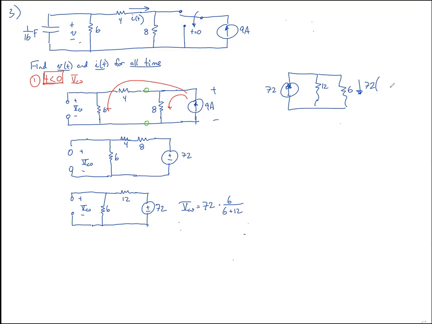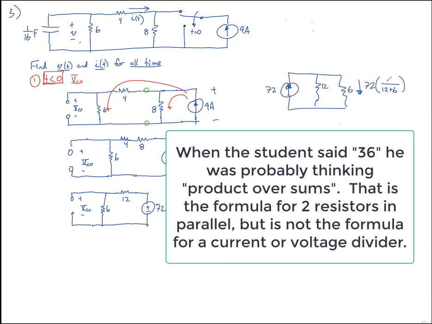It's 72 times something over this, something over the sum, just like this. What goes on top here? 12 times 6. No. So here, this is a voltage divider. You put the one that you want to find it across, the 6, so that goes in the numerator.